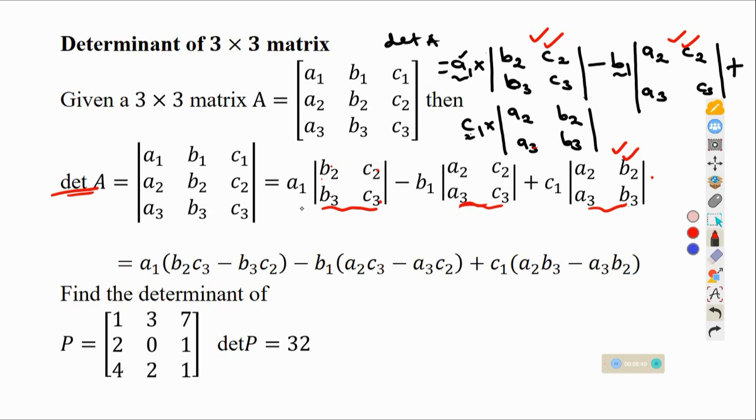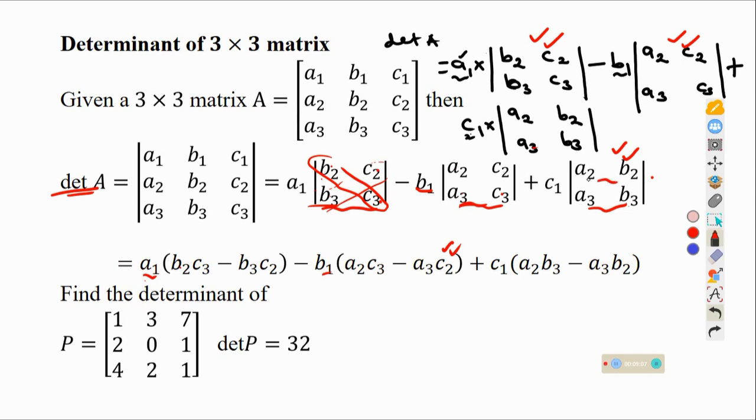So after you have done this, you will simply say A1 times B2 C3. You are multiplying the elements in the major diagonal minus the elements in the minor diagonal. Then minus, this is the B1. Then you multiply by A2, the determinant here is A2 times C3 minus A3 times C2, which is this one.